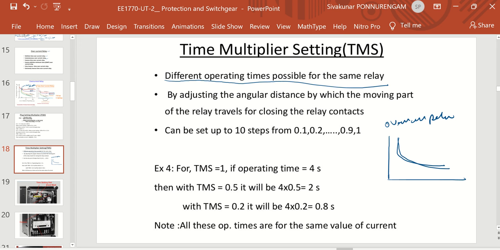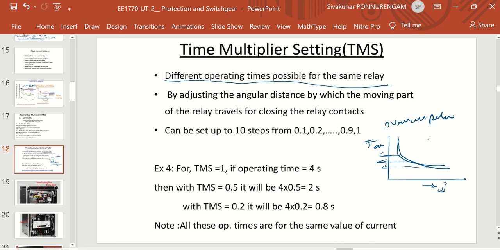If the current increases, the operating time reduces. The operating time is adjustable for the same relay by adjusting the distance between the moving part of the relay and the travel closing contact.